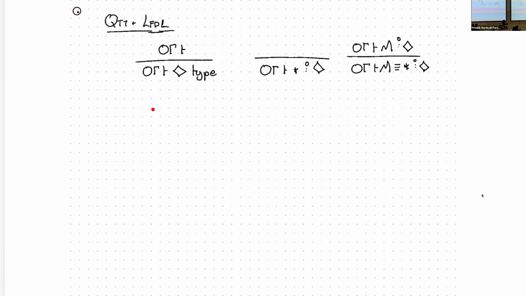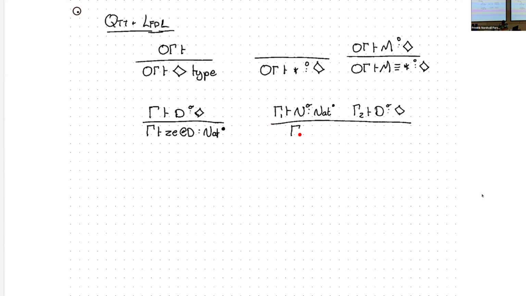And then we can give the typing rules for 0 and successor. So now if we have a diamond in some sigma, and if we have a natural number, then we can construct, I'll write that properly.